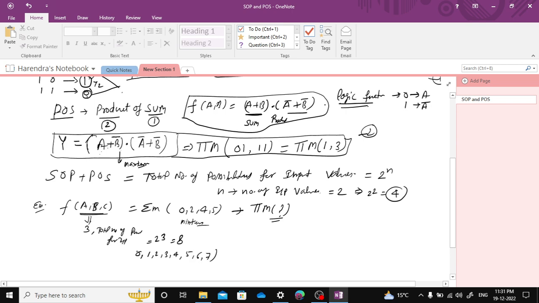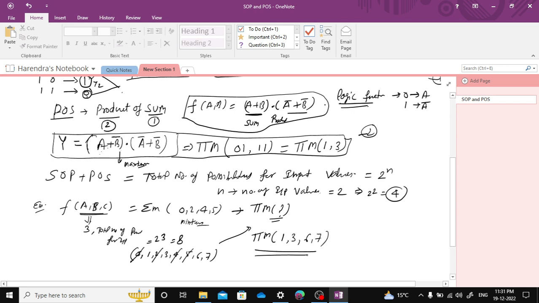You can give these inputs. And out of these inputs, 0 2 4 and 5 are the SOP terms. So you have to cut down these terms. 0 is SOP, 2 is SOP, 4 is SOP, and 5 is SOP. It means the remaining terms belong to POS form. So for pi m, what are the remaining terms? 1 3 6 and 7.